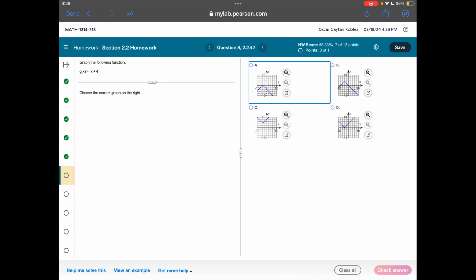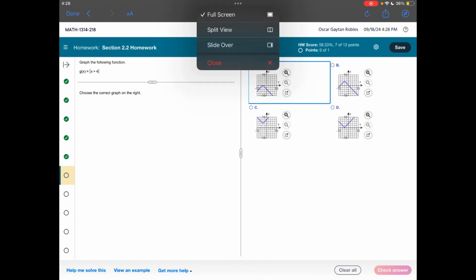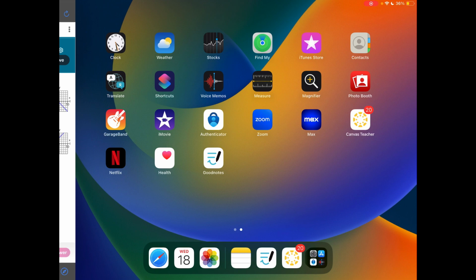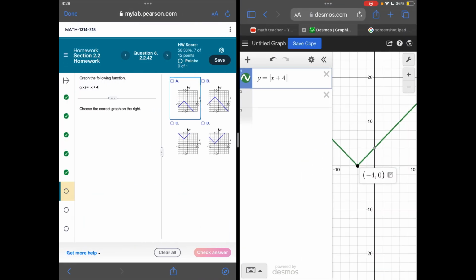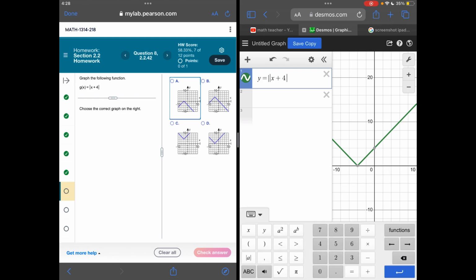All right, so we're looking at number 8. When we look at number 8, we're going to go ahead and use Desmos, and whatever the function is, g of x, it doesn't matter. You just put in y. Just make everything y and x when you're in Desmos, or you can just put in the absolute value part, everything to the right of the equal sign.